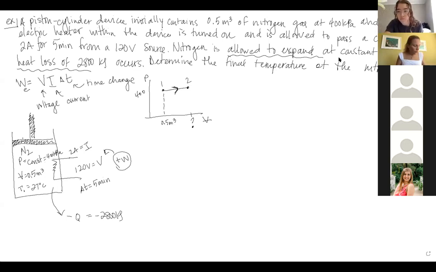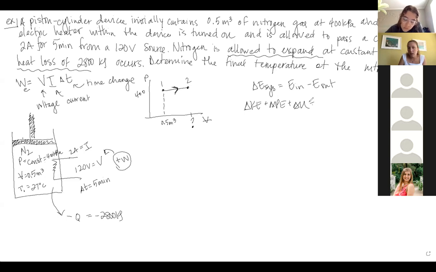Okay, so we know that in this chapter, the equation we've been working with is that the change in energy of the system is equal to energy in minus energy out. And we know that this is a gas, so that gives us a little more information. In using this energy equation to get started, our change in energy of the system is our change in kinetic energy plus our change in potential energy plus our change in internal energy.